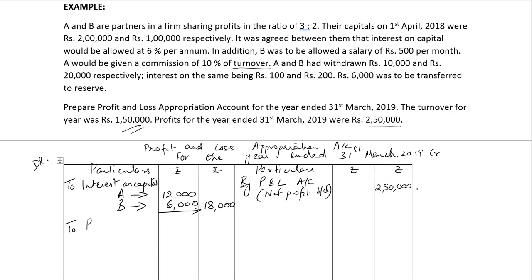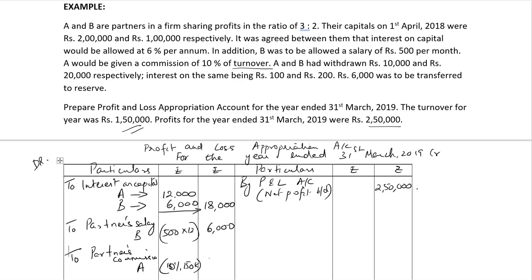To partners' salary, B gets 500 into 12, which is rupees 6,000. To partners' commission, A gets 10% of 150k, which is 15,000.